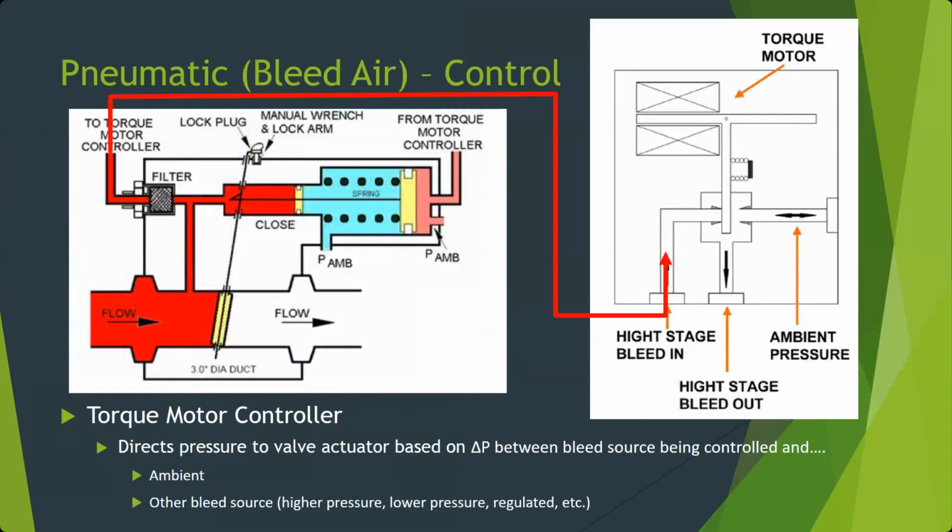A torque motor controller uses electrical coils here to vary this little thing back and forth to open or close the flow of air. And then on the outlet side, it routes that controlled air back to the other side of the control mechanism for the valve itself.